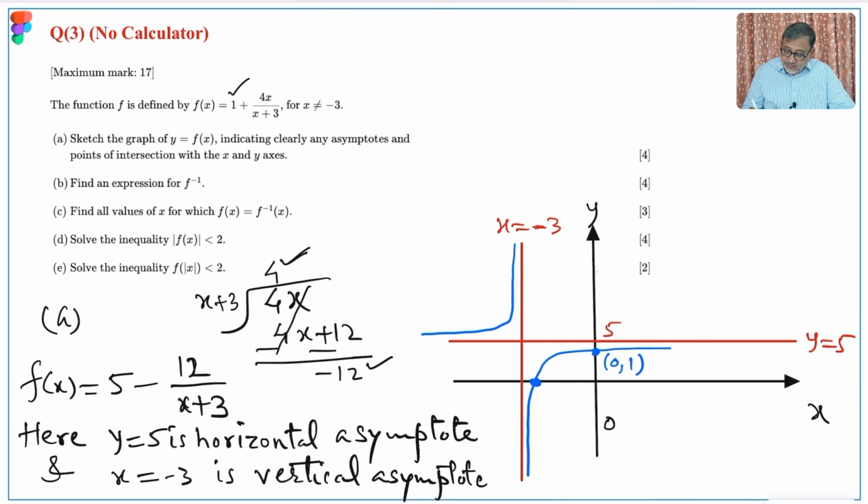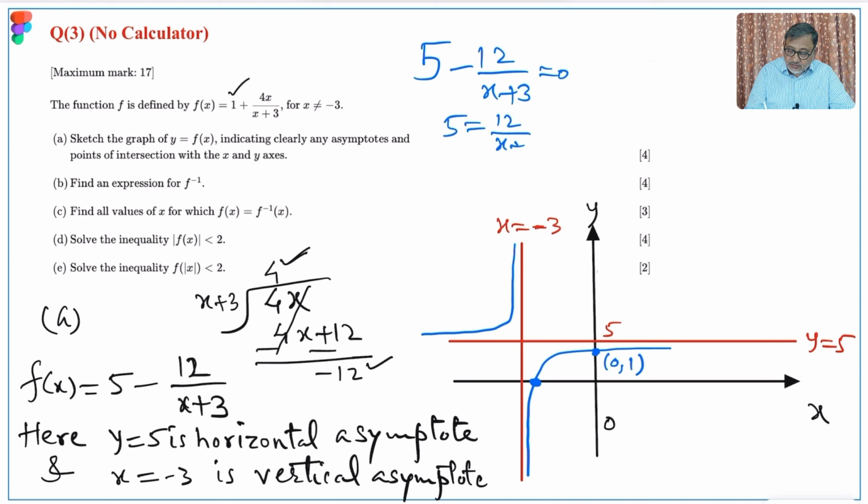And then when I put y equal to 0, so 5 minus 12 by x plus 3 is equal to 0. That will give me 5 is equal to 12 over x plus 3. Then this goes there, 5 comes here, so x plus 3 will be 12 over 5, and then this 3 will come here, negative 3.